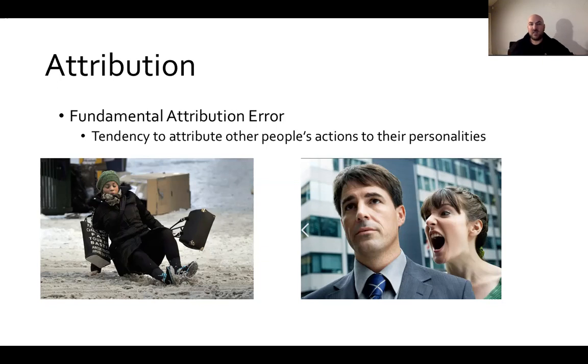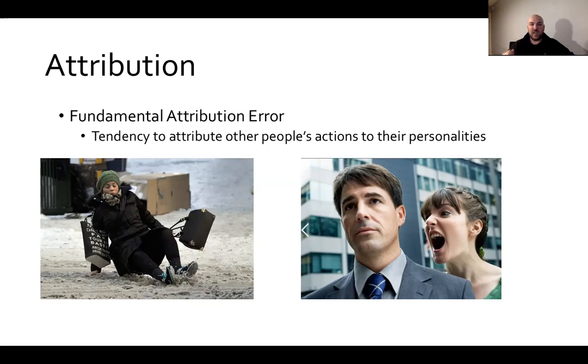But have you ever tailgated? Well, of course. I was tailgating because I was in a rush to class, or because I needed to get to the hospital, or because it was a really good song on the radio and I was jamming out, not paying attention. Notice how when you're tailgating, it's because of the situation, but when someone else is tailgating, it's because they're a jerk or they're aggressive or something like that, right?